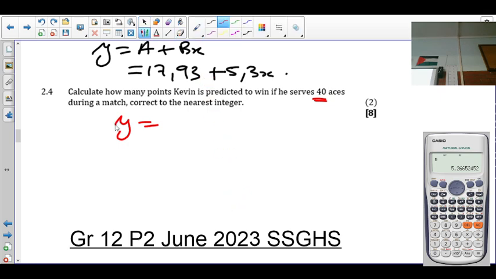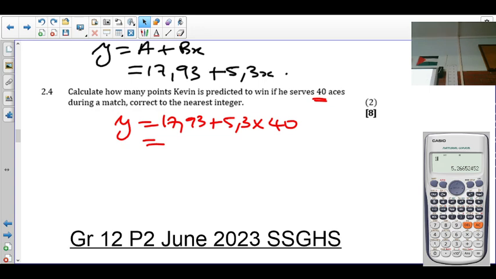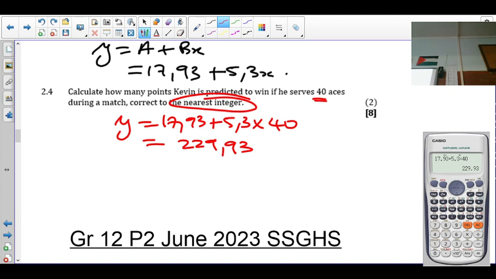So it's simply going to be 17,93 plus 5.3 times 40. It's going to give you 229,93. But they ask you to the nearest integer. So it's approximately 230 points.